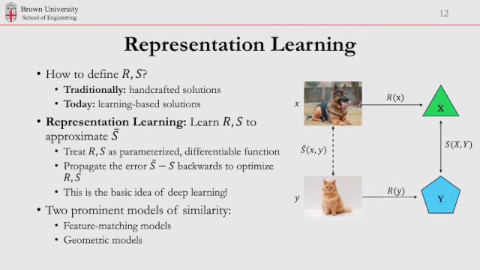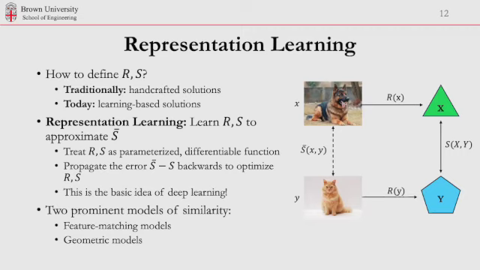And so the traditional approach to defining these two functions was handcrafted solutions. So people might take images and extract color information. Maybe they use color histograms to represent the images, or texture or spatial information. There's a lot of different handcrafted ways to make these representations and different similarity measures you could use.